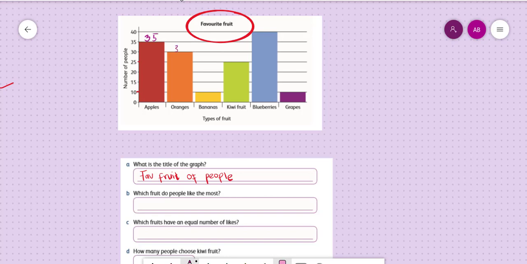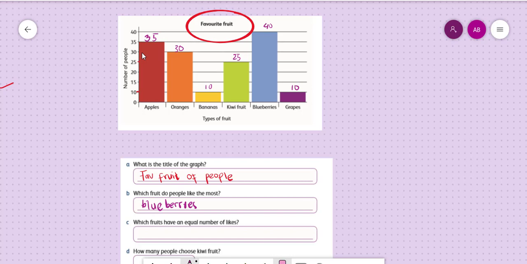The orange is 30, bananas is 10, kiwi is 25, blueberries is 40, and the grapes is also 10 people. So what do you think, which fruit do people like the most? You see the tallest bar, the biggest number in this bar chart, which is 40 people. So it means the fruit that people like the most is blueberries.